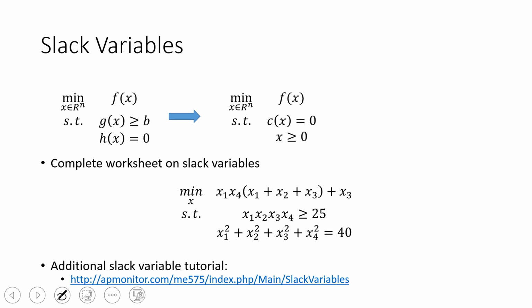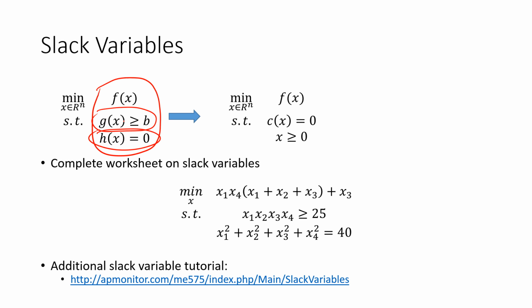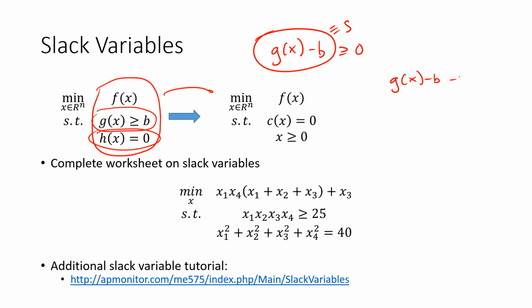So first of all, about slack variables, let's say we just have a general nonlinear problem like this, where we have some inequality constraints, maybe some equality constraints. We're going to convert it into this general form just by using slack variables. We'll take our g of x minus b, that's greater than or equal to 0, and set it equal to a slack variable, so that we have two equations now: g of x minus b minus s equals 0, and s greater than or equal to 0.